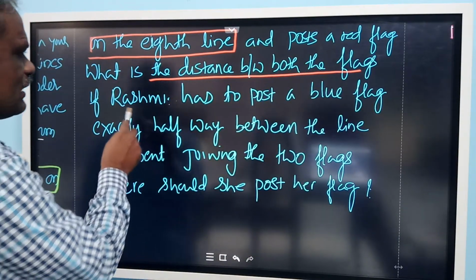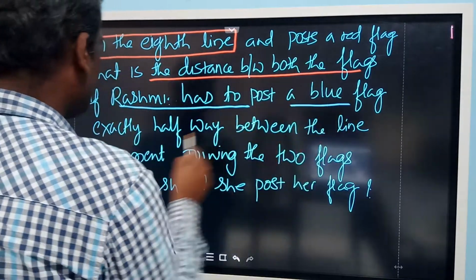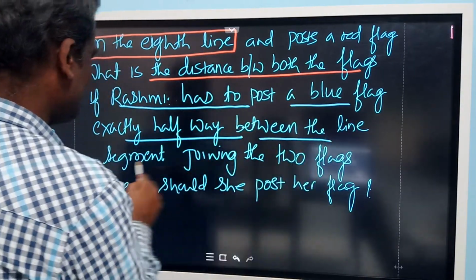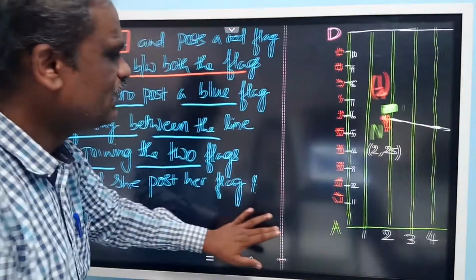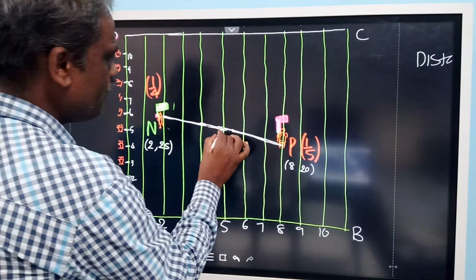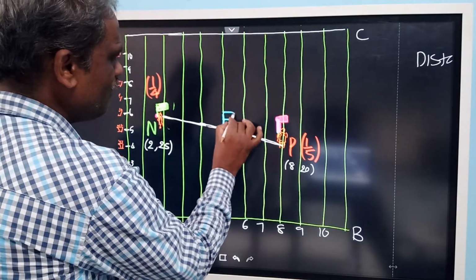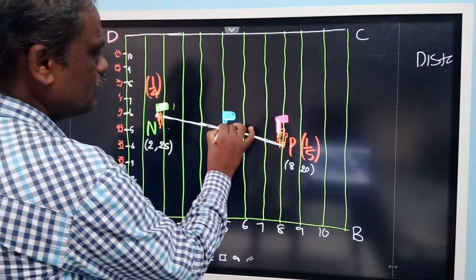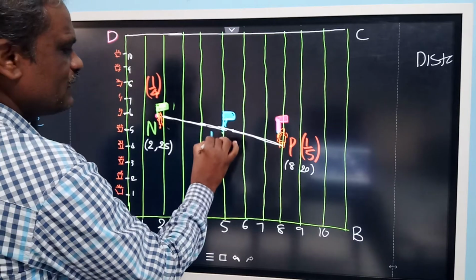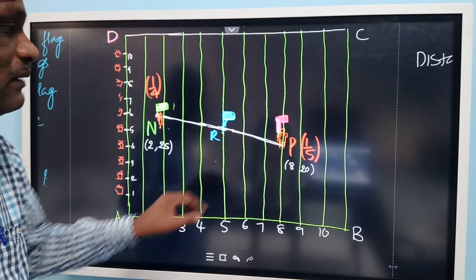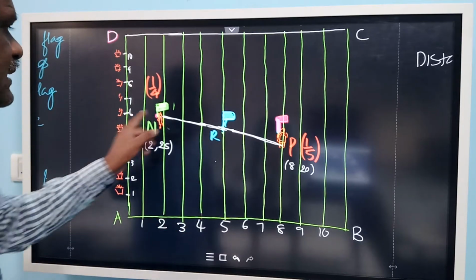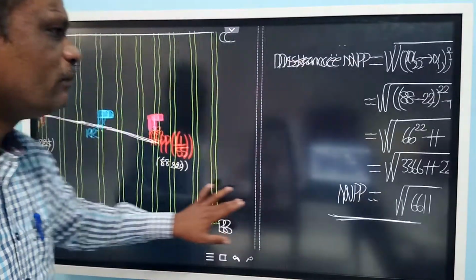And the next part is Rashmi has to post a blue flag exactly halfway between the line segment joining the two flags. So that means we need to find the exact midpoint where the blue flag will be posted. This is the place where Rashmi is posting the flag, the exact midpoint of the line segment NP. So you can use the midpoint formula.